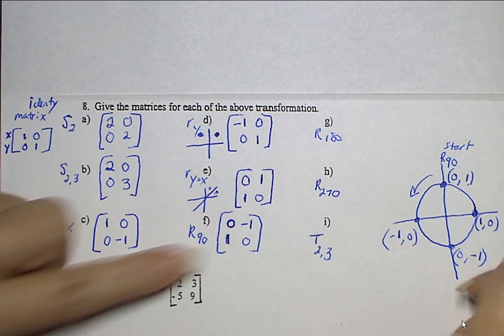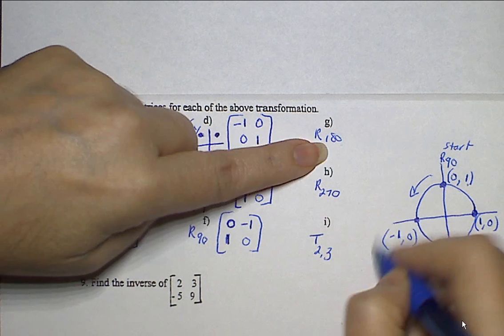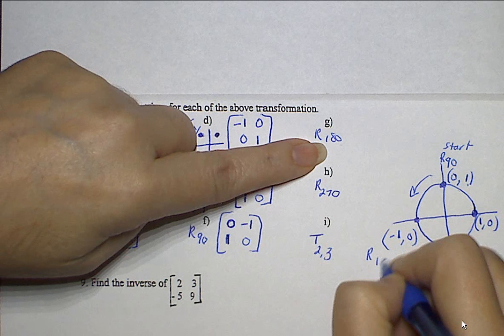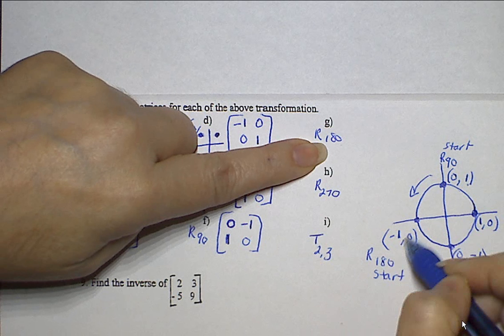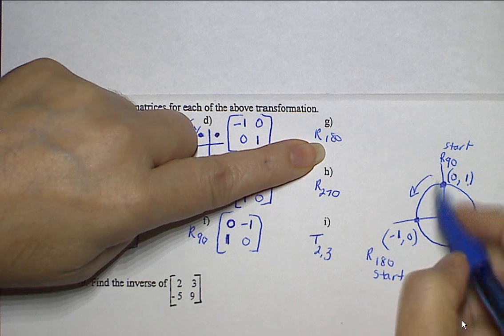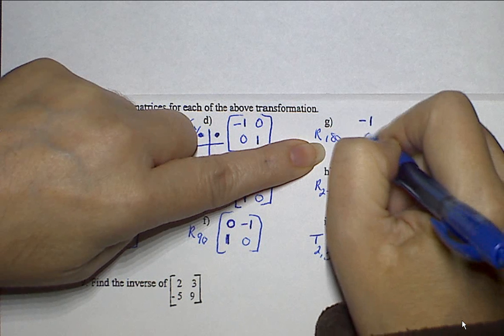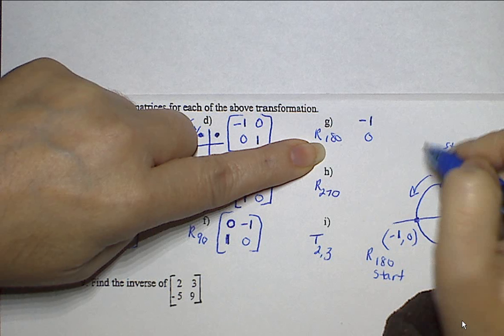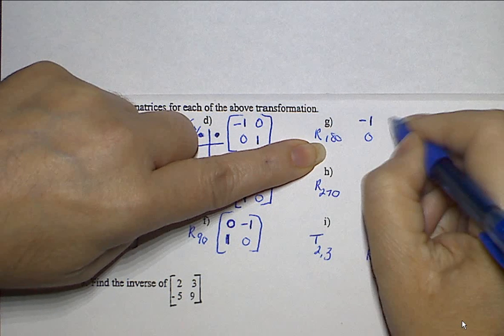So your next one, we have rotation of 180. So rotation of 180 starts here. So our first point is your negative 1, 0. So I have negative 1, 0. And then I start there and I go to the next point, so it's 0, negative 1.